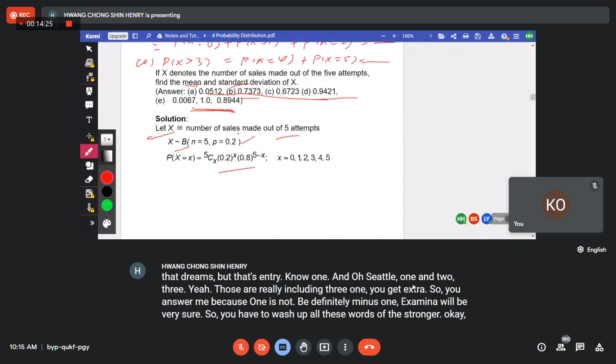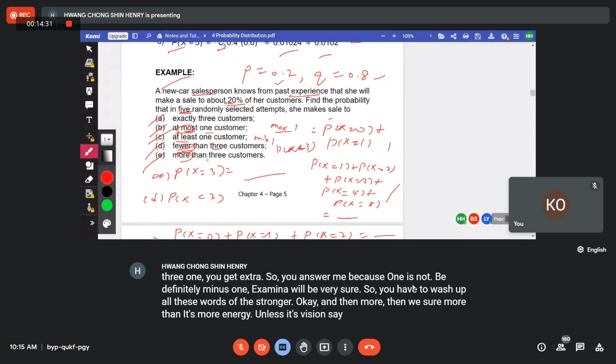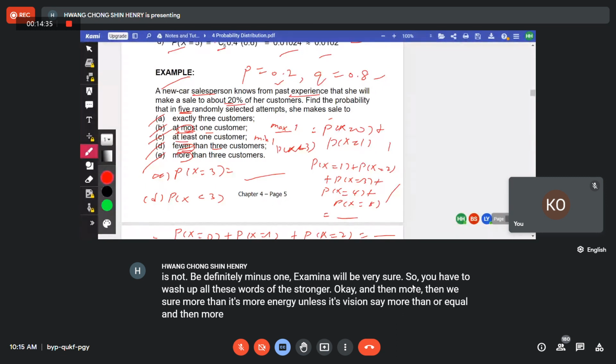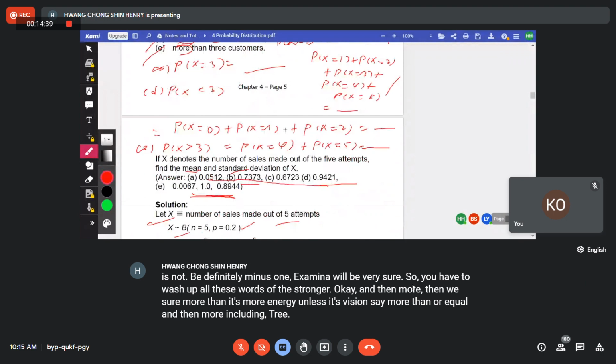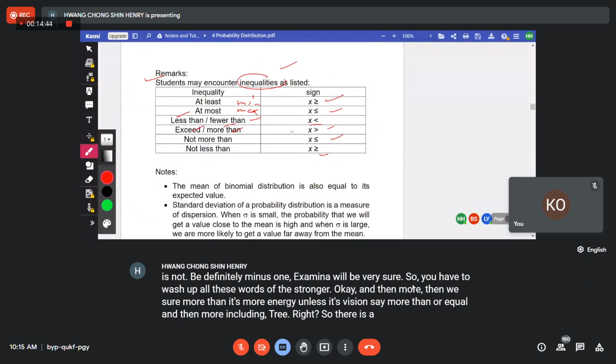And then more than, no issue. More than means x more than 3, unless the question says more than or equal, then we write more, including 3. So that is the sign of inequalities that I want to mention here.